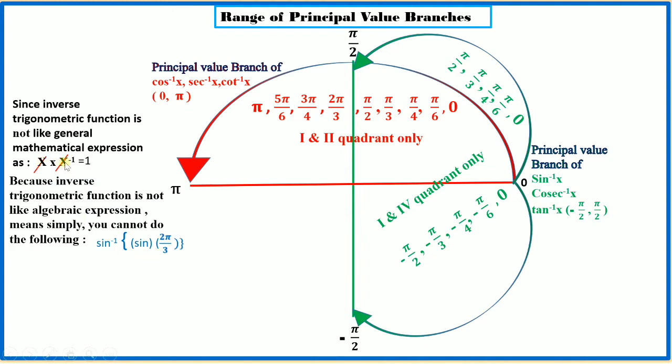Like x into x inverse, simply you cancelled it and made the value equal to 1. Similarly, you cannot do it here, like we have sine positive and sine power negative, so these two cancel and we will have 2 pi by 3. No doubt, certainly these two will disappear, but in certain cases, for that you need to check these branches, the ranges of principal value branches. You cannot do this, just cancelling and saying it is equal.